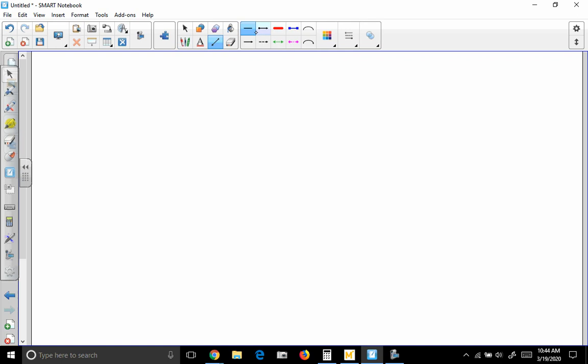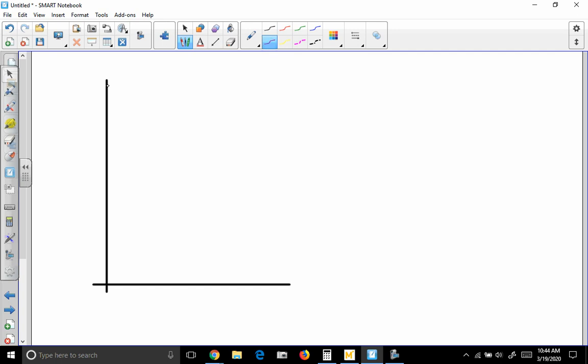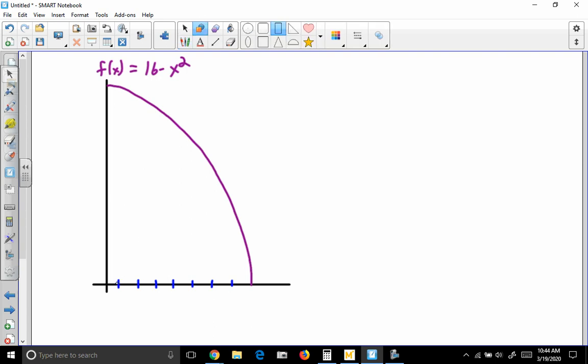But let's look at what would happen if we included more rectangles. So if we take this same function, f of x is 16 minus x squared from 0 to 4, and instead of breaking it into just 4 intervals, if we broke it up into 8 intervals, let's do a left-handed sum.